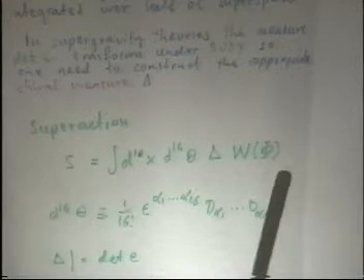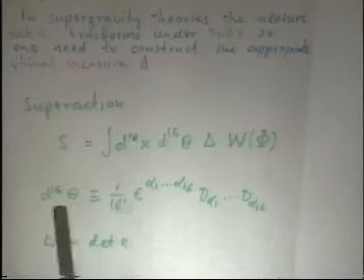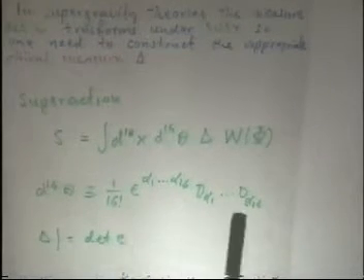The superspace action that we constructed is this one, and in this formula I have to tell you what I mean by d16 theta, and also what I mean by delta. I already explained the w phi. With d16 theta, we really mean this expression, namely the fully antisymmetric product of 16 D's.